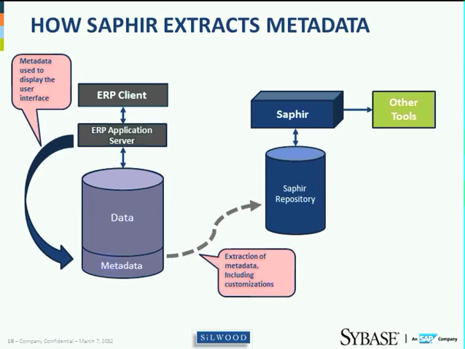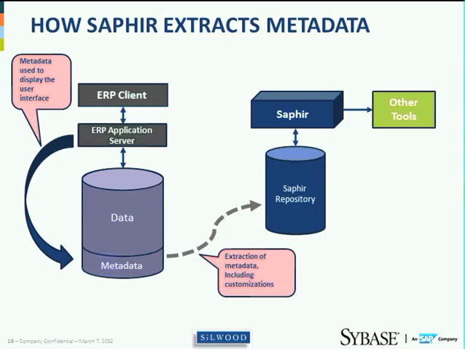When a customer buys and starts using Sapphire, they connect Sapphire to their own SAP instance or instances and reverse engineer the metadata from SAP or Oracle or whatever it might be. So it's a little bit like the process that Power Designer will go through in reverse engineering a system.